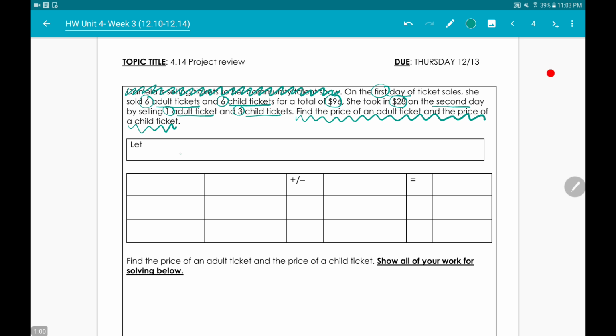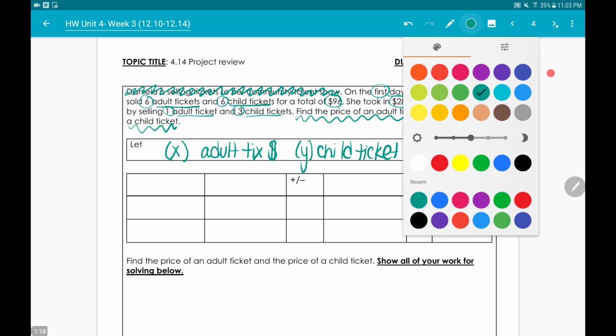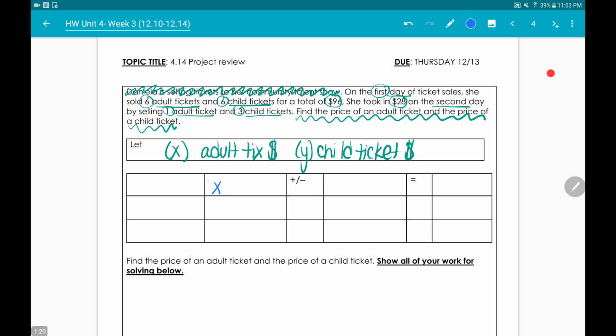All right. So my X and Y in this case is going to be adult ticket and child ticket. And we're talking about price. So let me go ahead and fill that out. All right, so let's think about our totals.